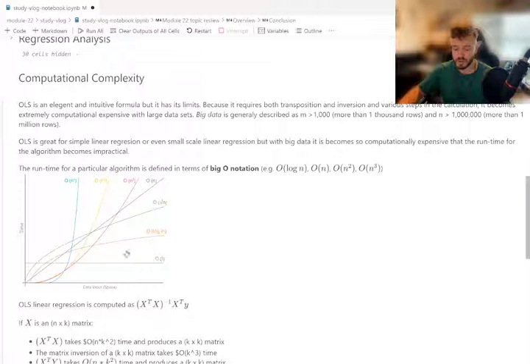It's a really cool visualization from the Flatiron curriculum. Basically, the x-axis here is as the data sets get bigger and bigger, this is how much more time an algorithm would take to run.